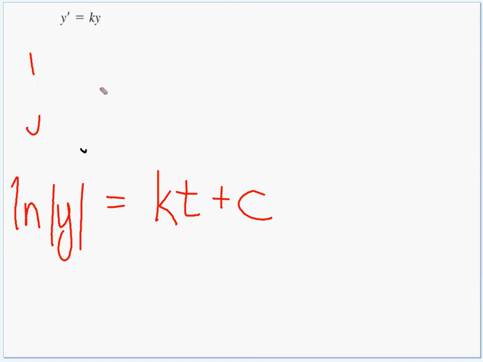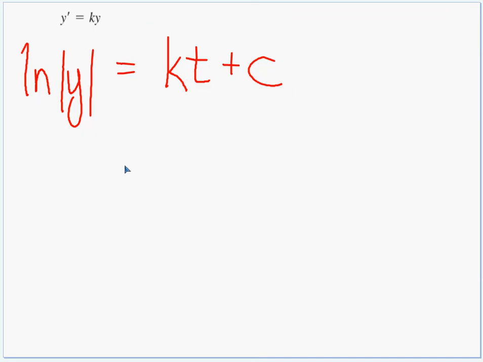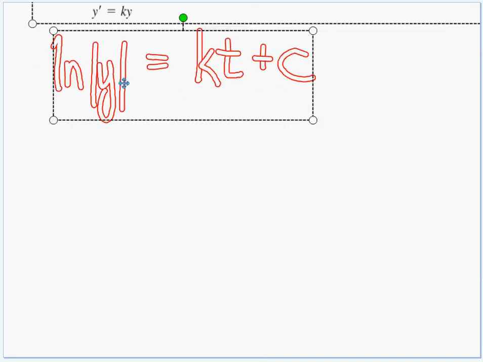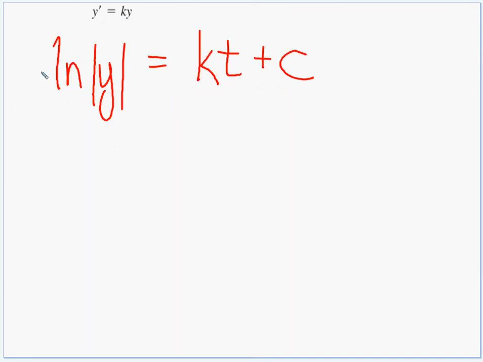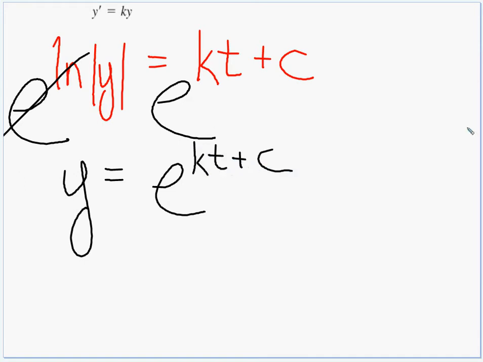Now what we want to do here is solve for y. So we're going to exponentiate each side, raise it to a base e. E to this exponent, and it's positive. We can drop the bars at this point. So over here, we're going to have y equals e to the kt plus c.